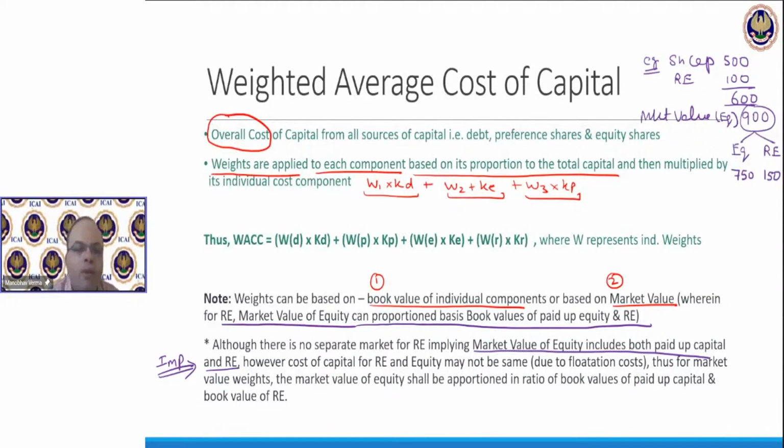Hence, the market value weights will have to be apportioned between the two, equity and retained earnings, based on their book values, because the cost of equity and cost of retained earnings may be different in case of a new issue. But where it is the same, you may not go for a split. If cost of equity is the cost of retained earnings, you could probably use the same combined weight rather than splitting into retained earnings and share capital. But yes, advisable is to split.